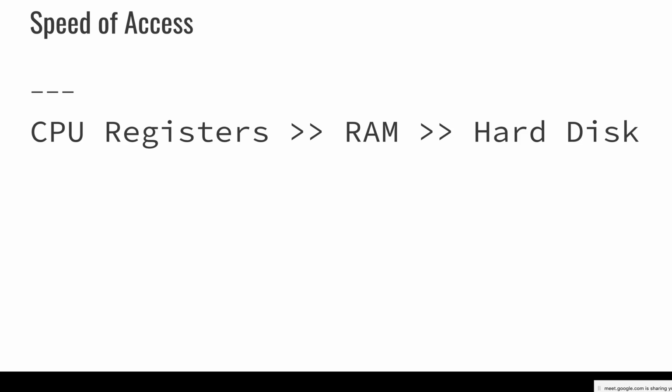Great. We know that speed comes with a cost. The greater the speed of access, the same is the cost order. CPU registers are more expensive, and that's why very little storage is available in terms of CPU registers. Then the RAM, and then the hard disks.